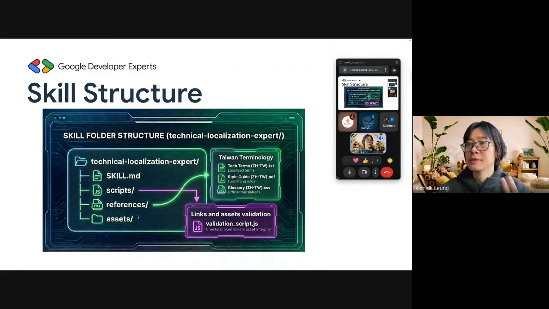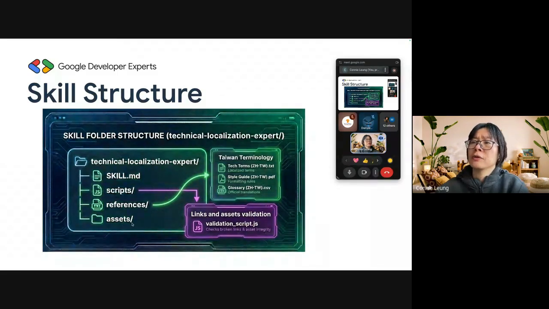Scripts, references, and assets are optional folders. So in my use case, I have a scripts folder, and it contains a Node.js script to perform link and asset validation. I also have a references folder that contains a subfolder, and that subfolder contains some files that help me translate English terms to Taiwanese terms in traditional Chinese.